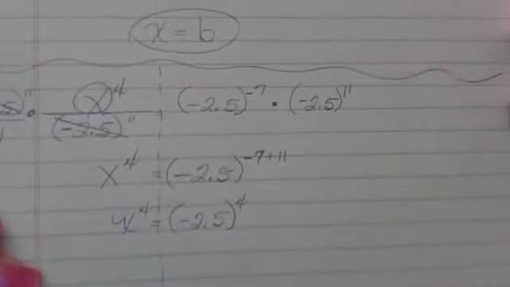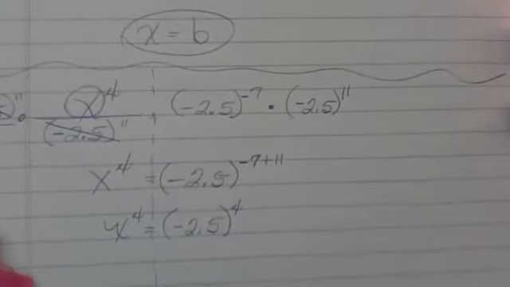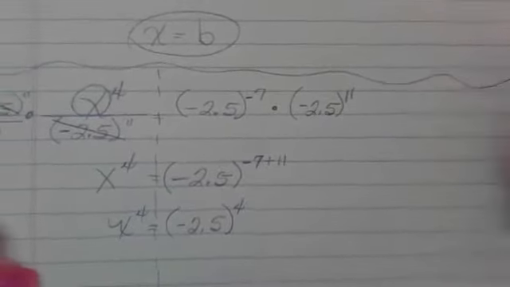Again, if you notice, both of the sides have a number to the fourth power. If both of them are to the fourth power, then the bases surely need to be equal to each other. So in this case, x is going to equal negative 2.5.